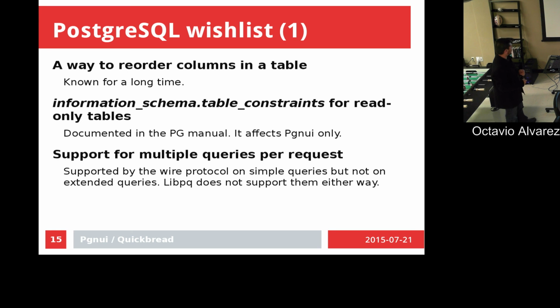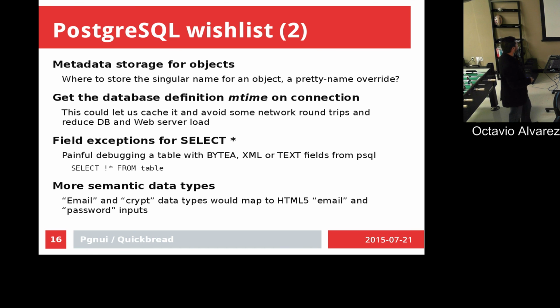Support for multiple queries per request to enhance performance and reduce network round trips. For example, this is one I would like: to get the database definition, M time, on connection. If Quickbread and Pgnui don't need to query the database schema every time they connect, it will improve performance.